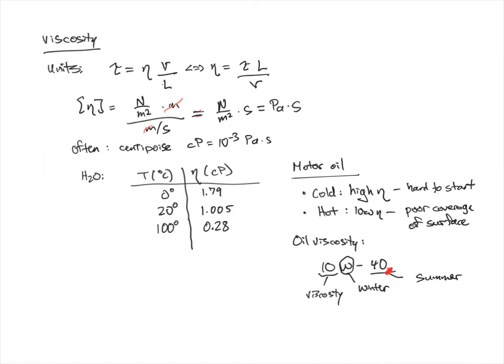When you're starting it in the summer, it will behave like something that has a relatively high viscosity, so that will counteract this poor coverage and allow the oil to coat things better. On the other hand, in the winter, when things are really cold, it will behave like something that has a lower viscosity. And so it partly cancels out the usual temperature dependence. That's why most of the time you want to buy this, it's called multi-grade motor oil.